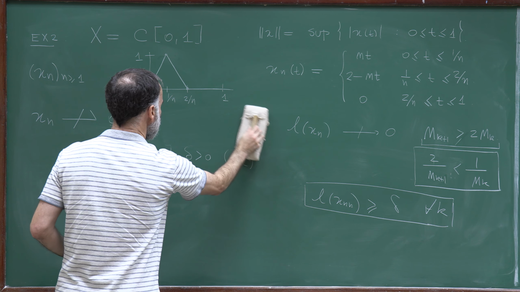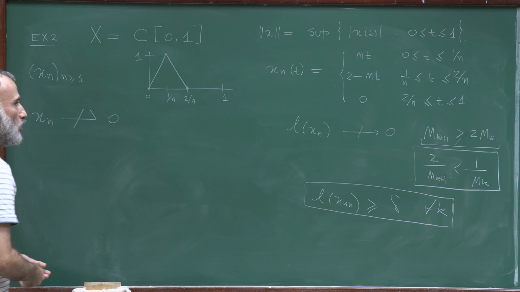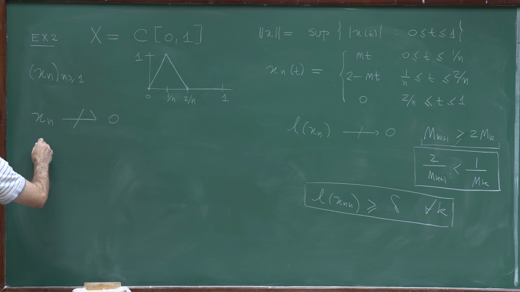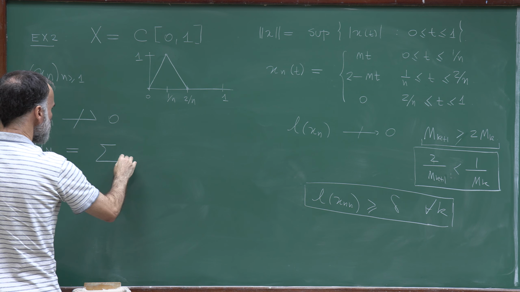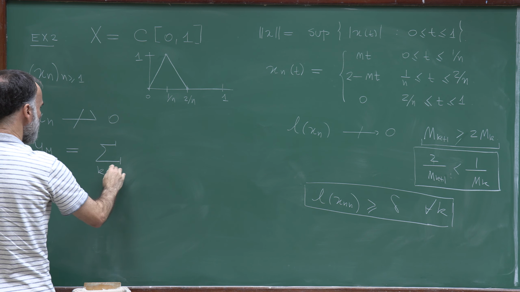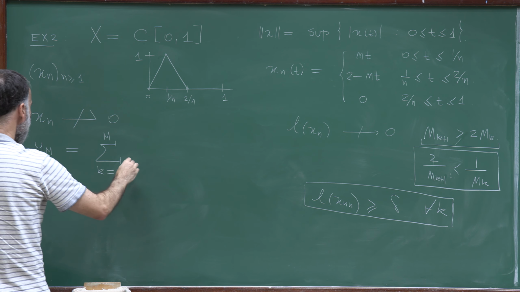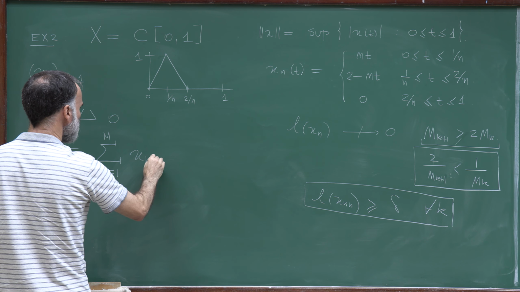So let's proceed. Let me define y_m. This is a new function, which is equal to the sum from k going from 1 up to m of x_{n_k}.